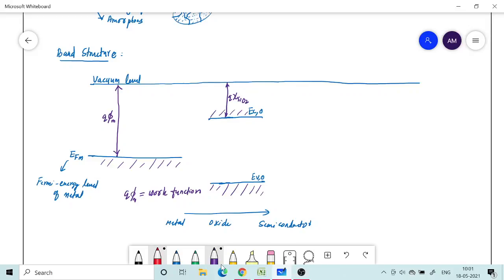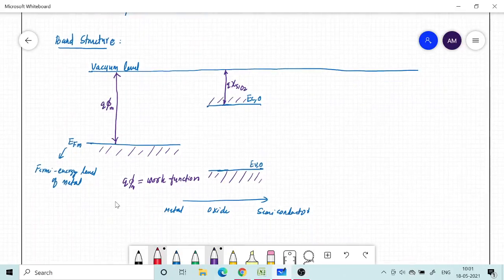Suppose there is an electron, how much energy you need to raise it so that it will reach the vacuum level. There is very little chance of having an electron here, but still we can define this term in that way.